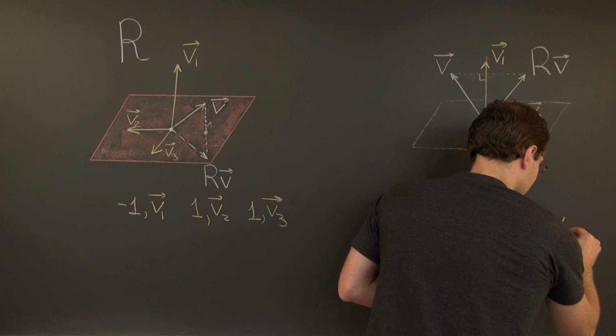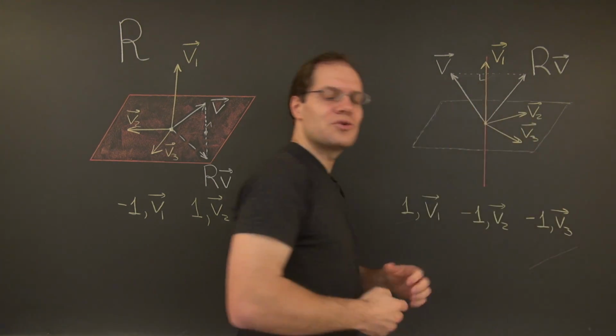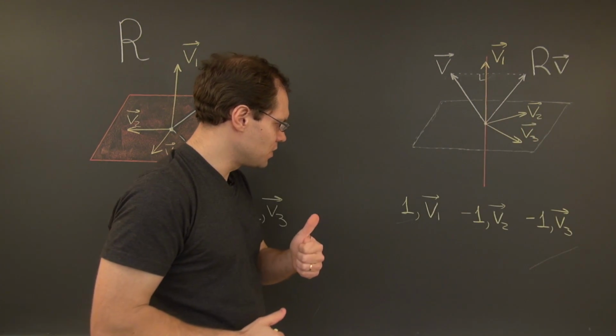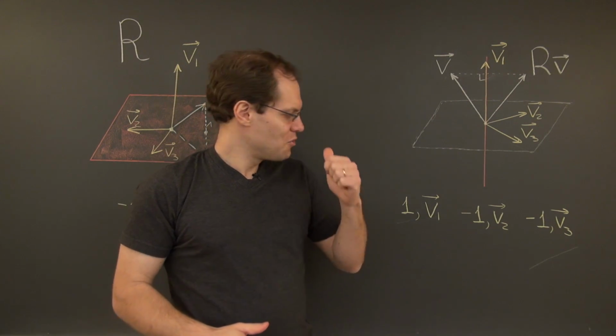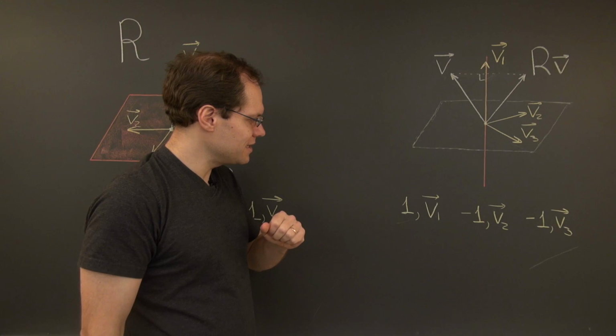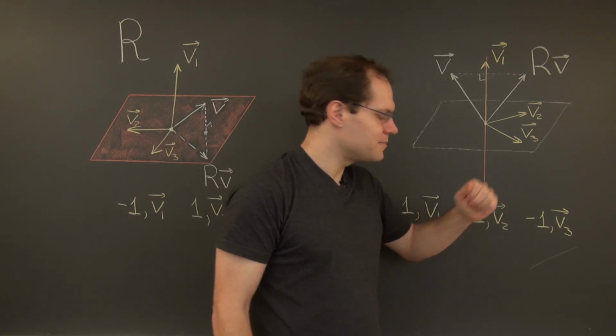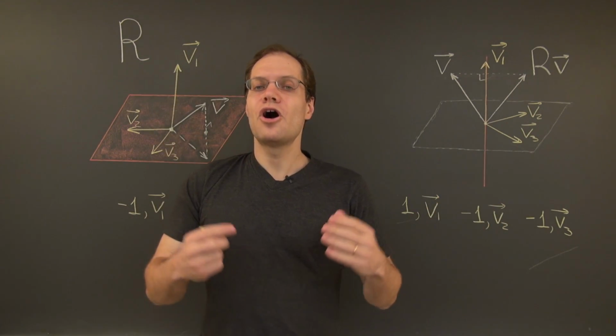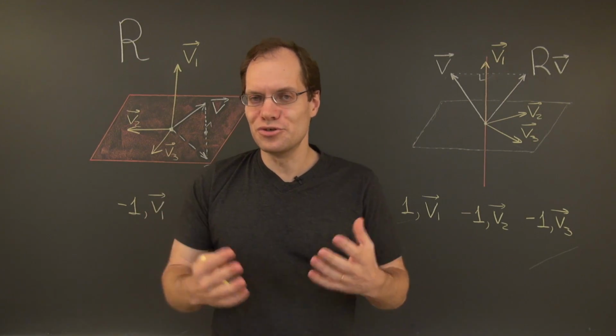So this transformation also has three eigenvalues: 1, -1, and -1. In this case, 1 is a simple eigenvalue, and -1 is a repeated eigenvalue of geometric multiplicity 2.